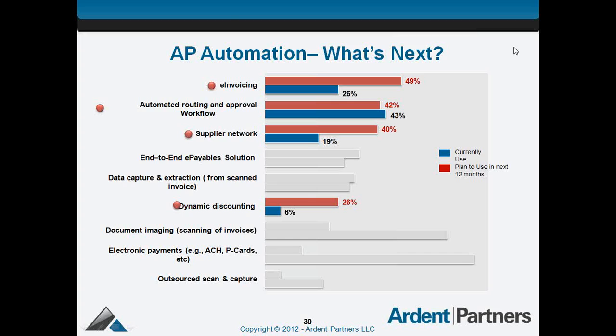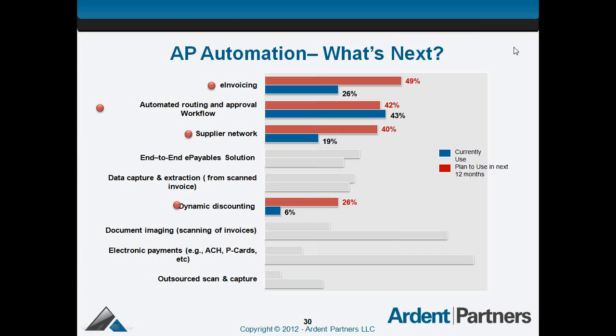And this really brings us to another area of interest. So supplier networks, if we look at that, approximately 40% expressed an interest in supplier networks. And we at Ardent are really of the opinion that trading networks, supplier networks, B2B networks are the way business is going to be conducted more and more over the coming years.